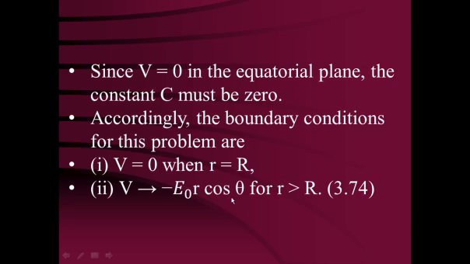So, z is equal to r cos theta, and hence it is minus E0 z or minus E0 r cos theta, for r greater than capital R.